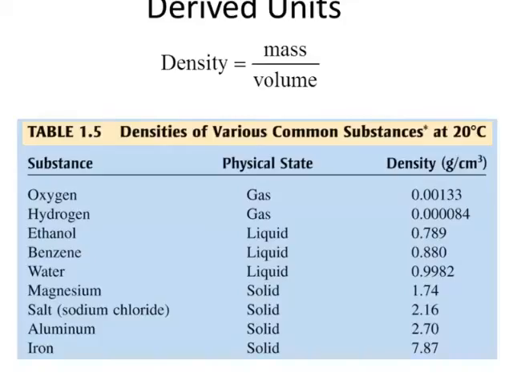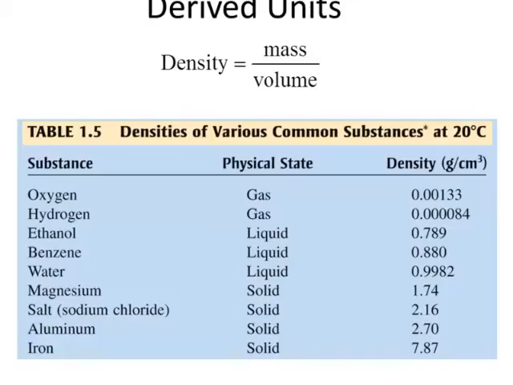So it's going to be a very, very low density. If we look at ethanol, which is a liquid, it's got 0.789 grams per centimeters cubed. So it's heavier. So if we put liquid ethanol and oxygen together, the oxygen is going to float. The ethanol is going to go to the bottom of the container. Not just because they're different phases, but also because of their densities.